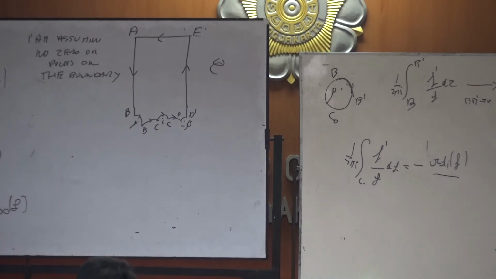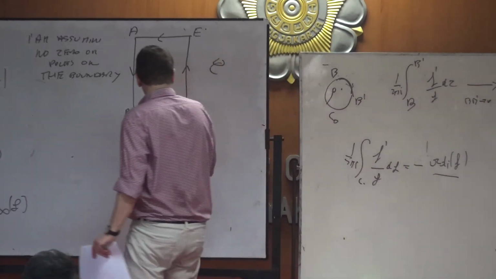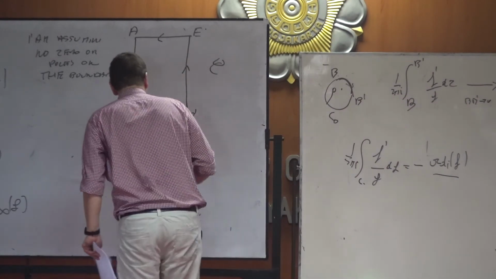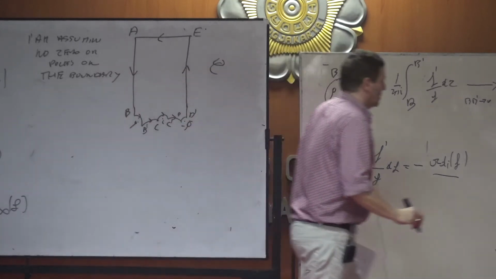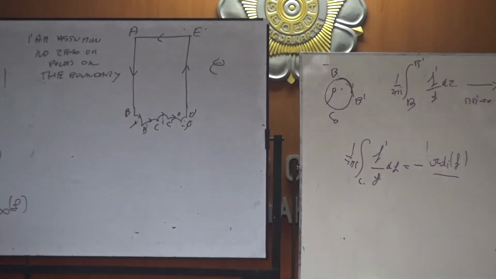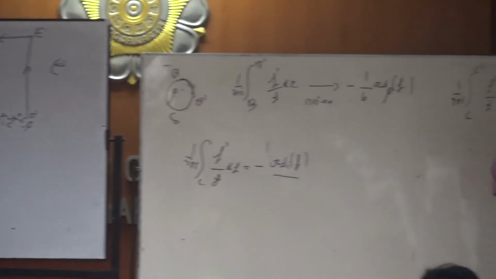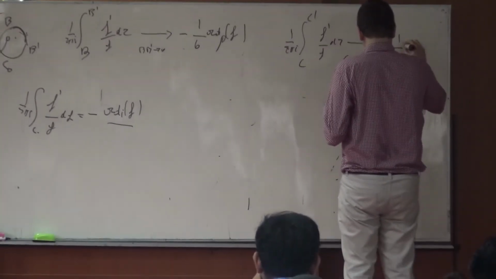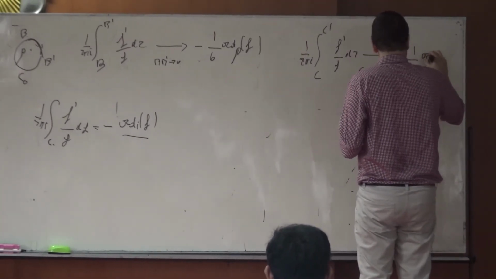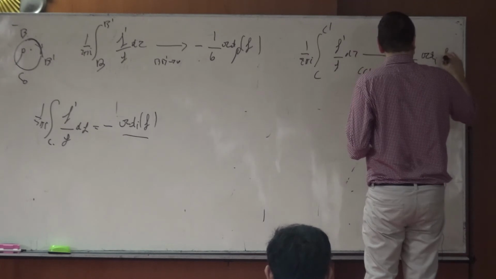So the integral from, what do I have? Did I put a C prime? I forgot the C prime. From C to C prime, 1 over 2 pi i, f prime over f, d tau, again, when C prime goes to 0, tends to minus 1/2 the order at i of f.